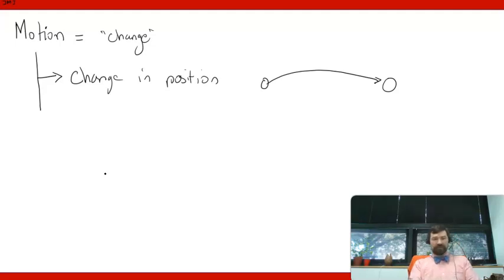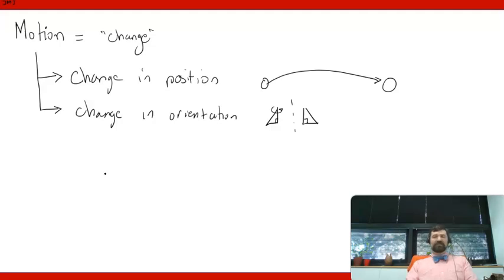It can also mean a change in orientation. Maybe I have a triangle like this, that's a right triangle, and I spin it about so that instead of looking like this, it now looks like this. So I've spun it about some axis.